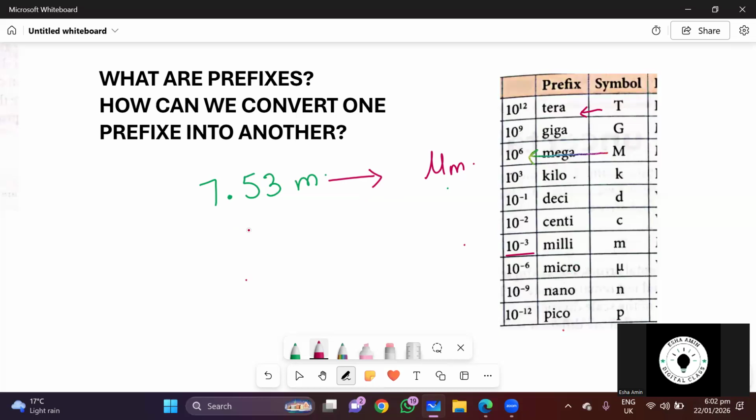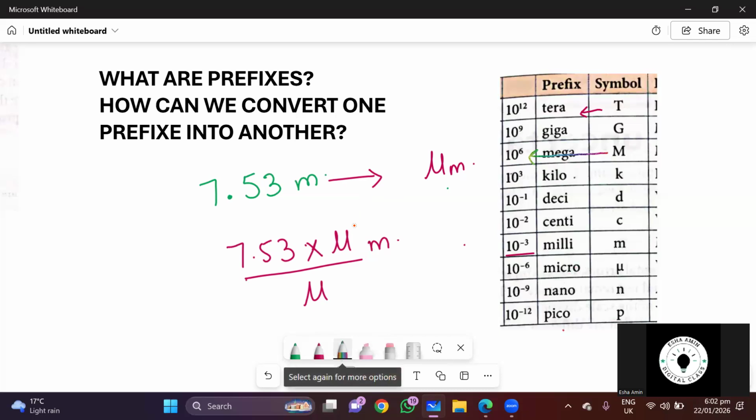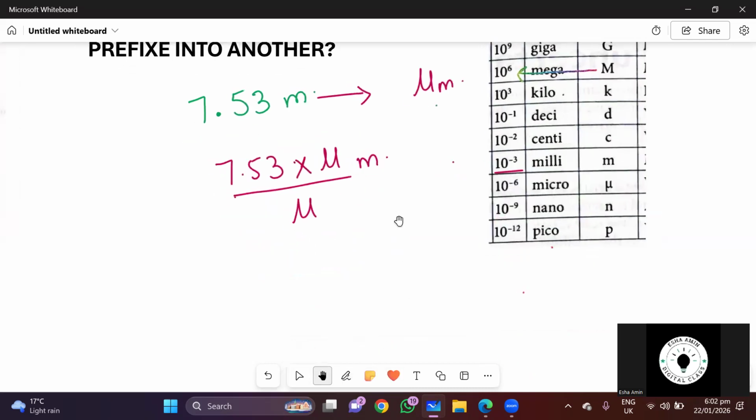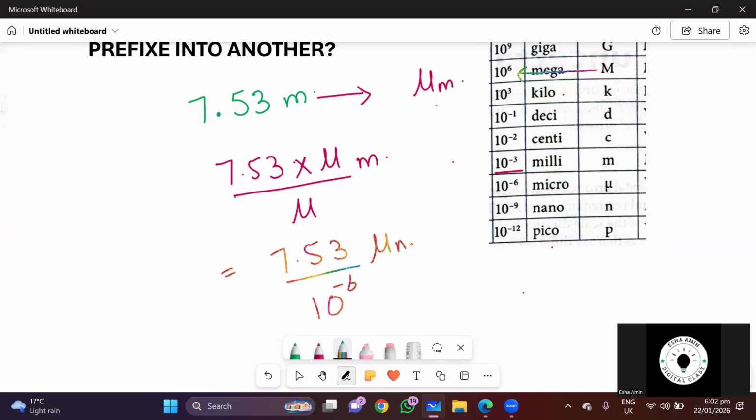How can we do it? If the value is 7.53, we multiply it by micro and divide by micro as well, into meters. We just require micro in our numerator. So we convert this micro into its mathematical value. It will be 7.53 over 10 power minus 6, micrometer.